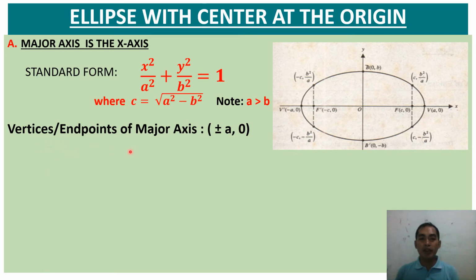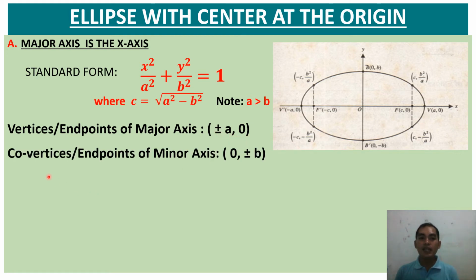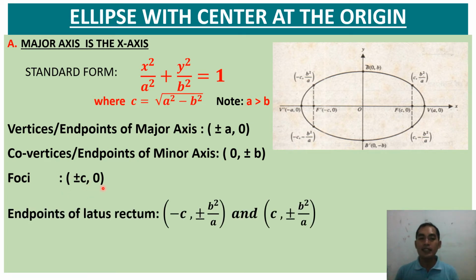Vertices or endpoints of the major axis are represented by the coordinates plus or minus a, 0. The co-vertices or the endpoints of the minor axis are represented by 0, plus or minus b. The foci are represented by coordinates plus or minus c, 0.